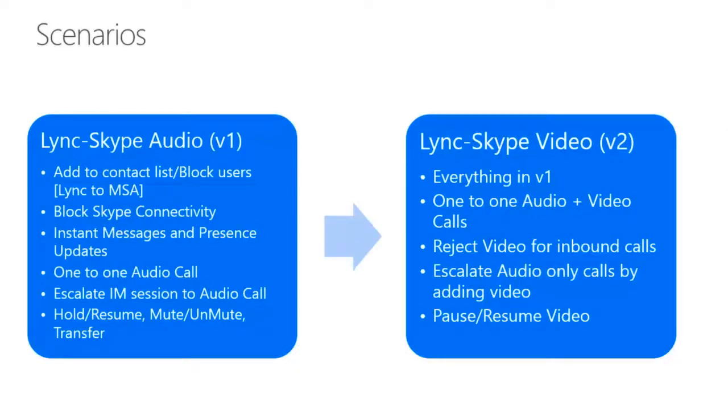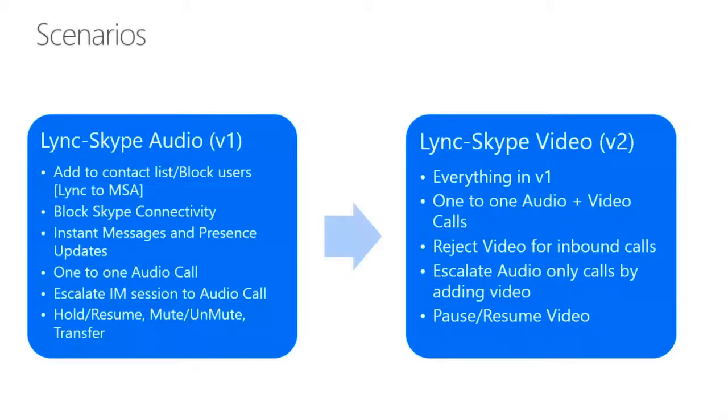What does the Lync video V2 bring? Well, it does everything phase one does, and in fact, it builds upon the phase one technology and the scenarios for contact discovery and relationship establishment. However, what it changes is it allows you to do video calls. But the way it does it actually changes the entire real-time call setup and the media negotiation. So that part, when V2 hits, is entirely new.